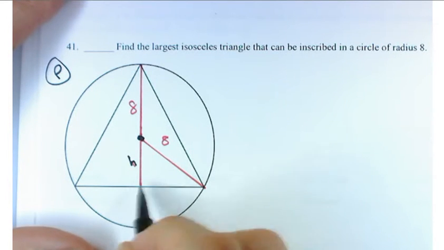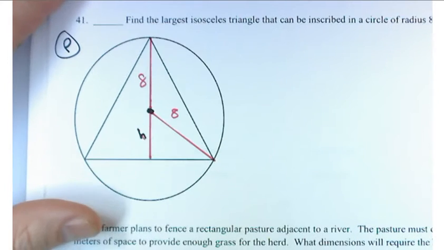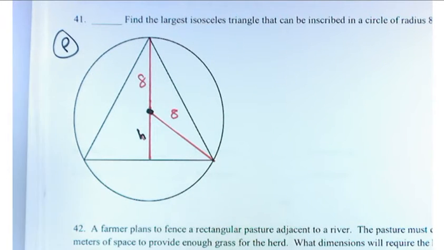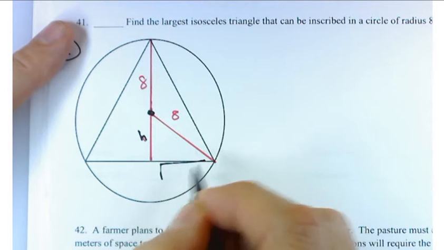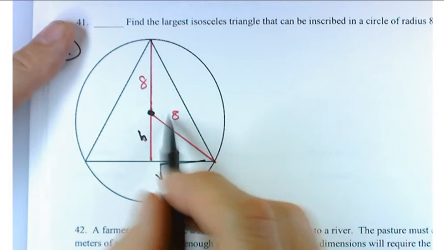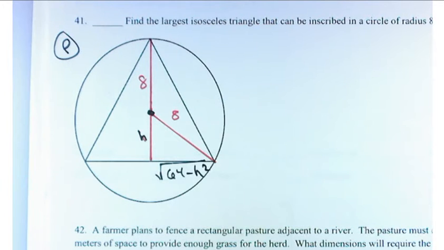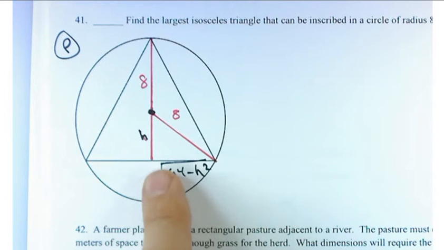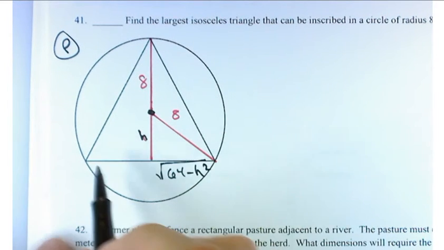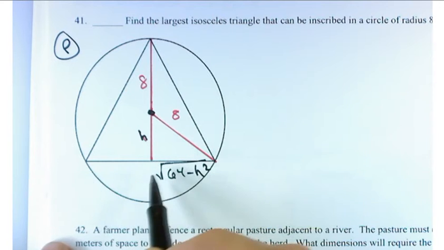Can you tell me what the length of this side is going to be? Square root of 64 minus h squared, right? Okay. So that's just the length of this side. Remember that across the base I've got that side twice.